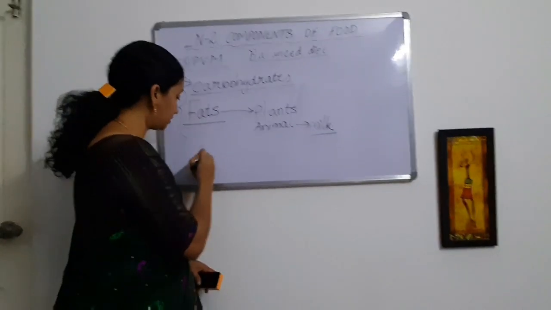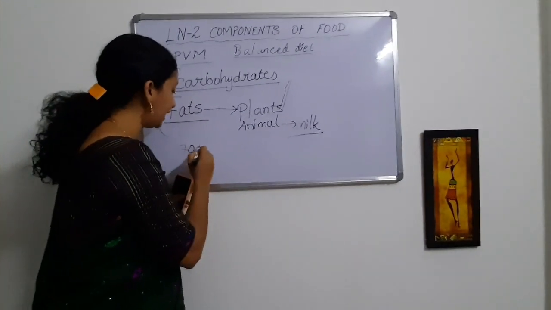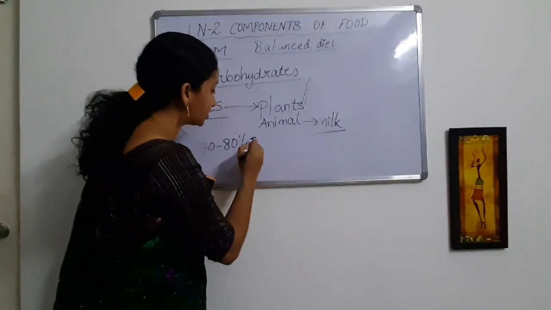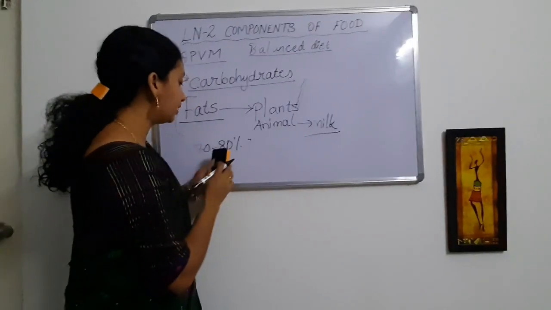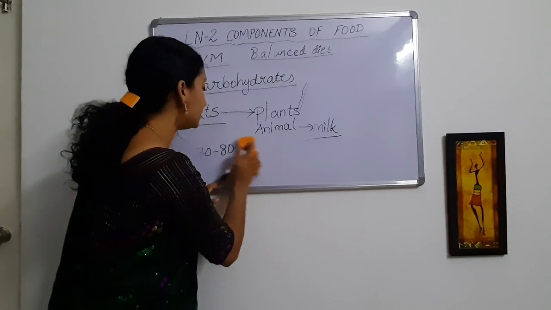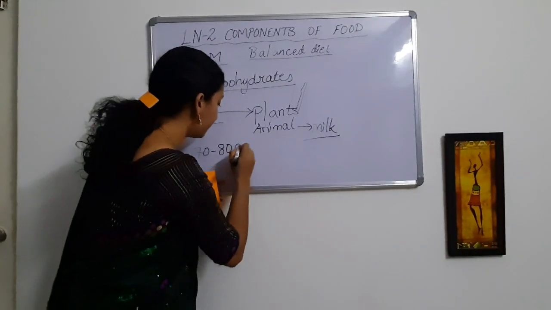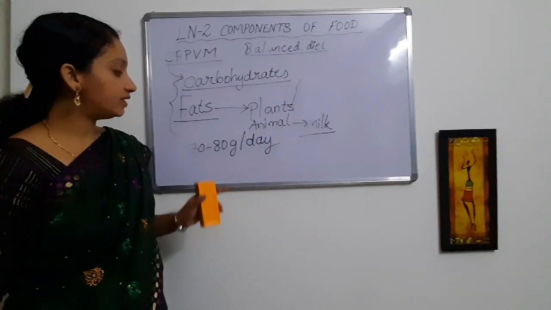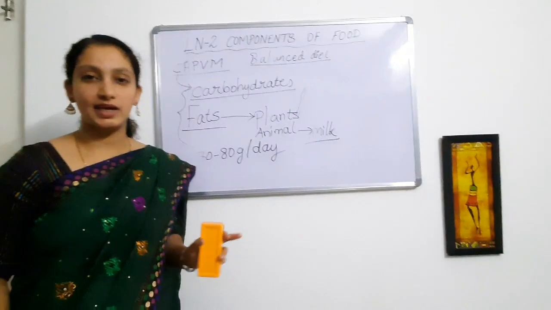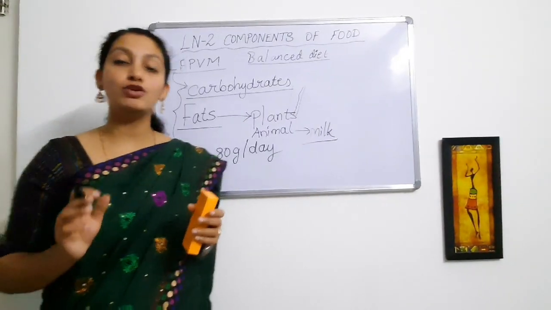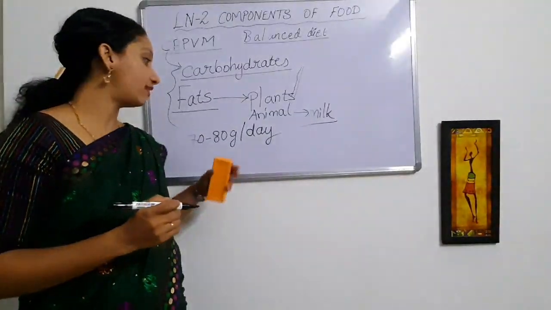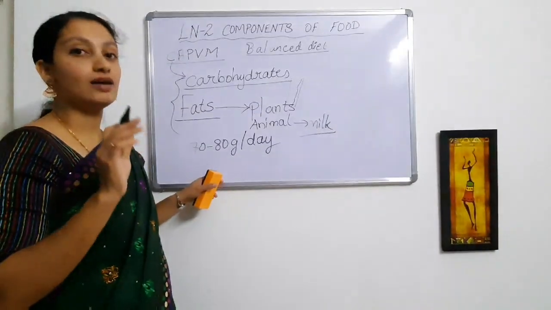What is the quantity required for an adult person? 70 to 80 gram per day. So one day you have to include minimum 70 to 80 gram of fat in your diet.